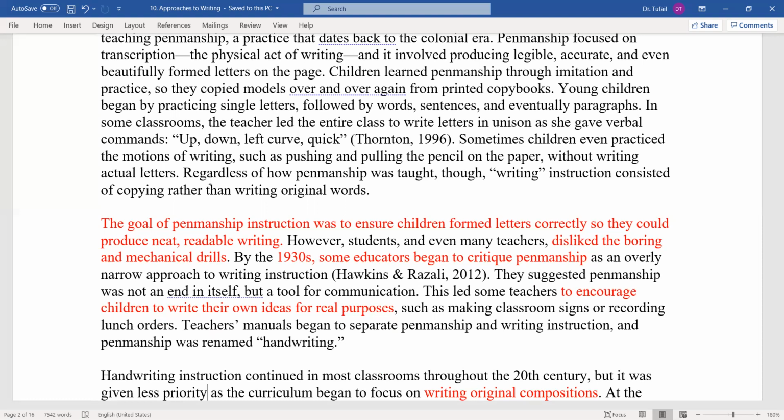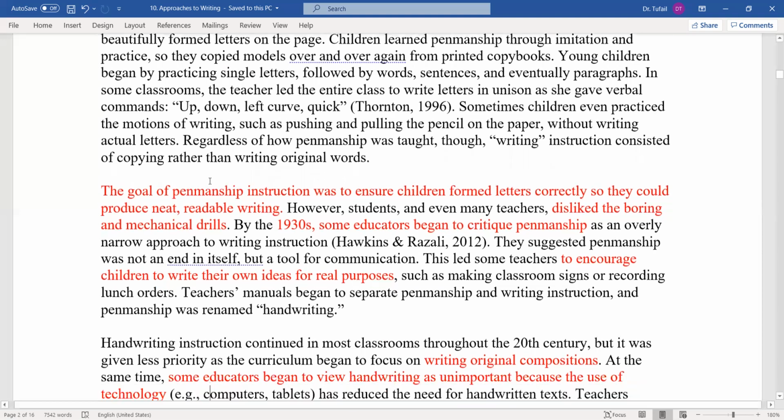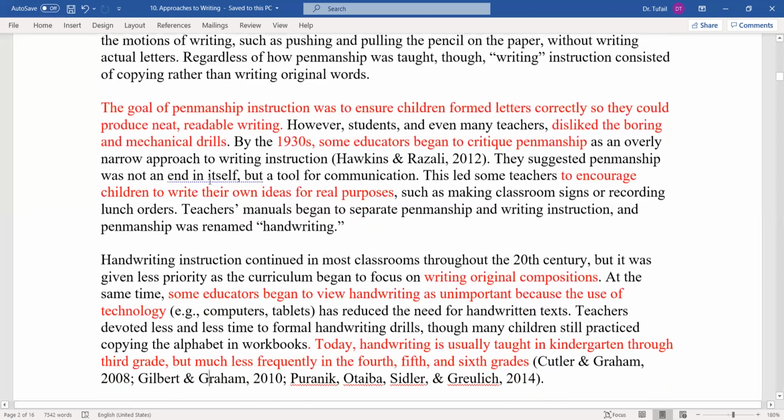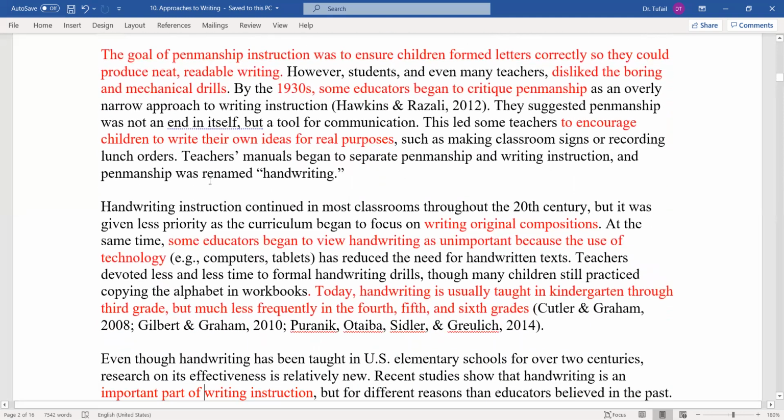They encouraged students to write their own ideas for real purposes, because beautiful letters and words were not that important. So this criticism developed, and by the 20th century, penmanship was given less priority as the curriculum began to focus on writing original composition.